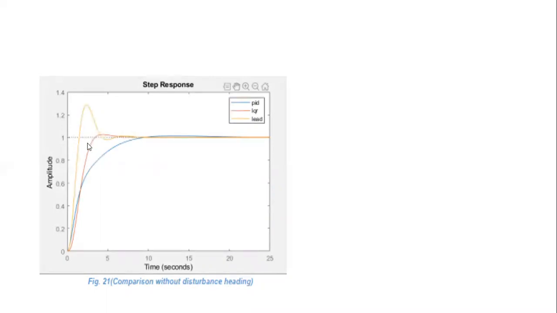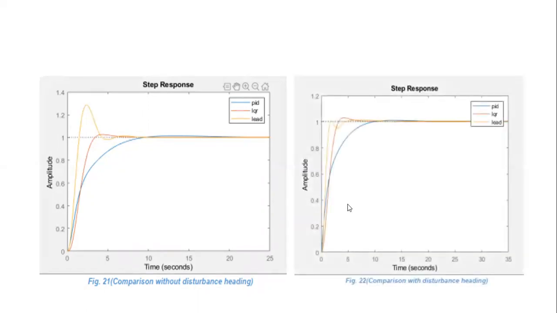Here you can also see that the lead compensator has a large overshoot, and our best controller is LQR. Same here: our best controller is LQR in the comparison of heading.